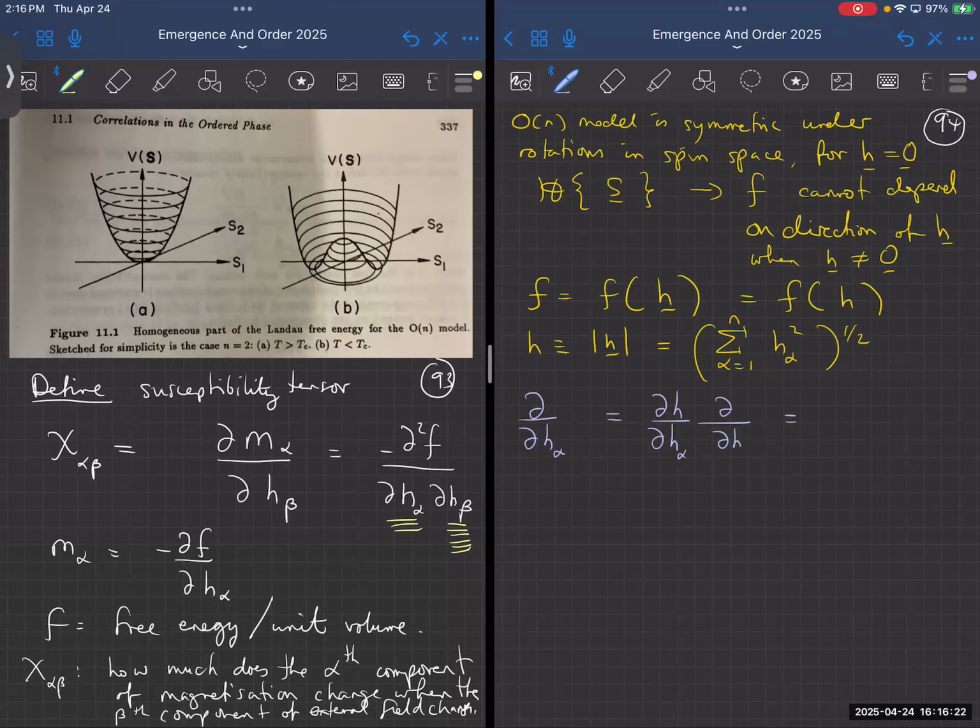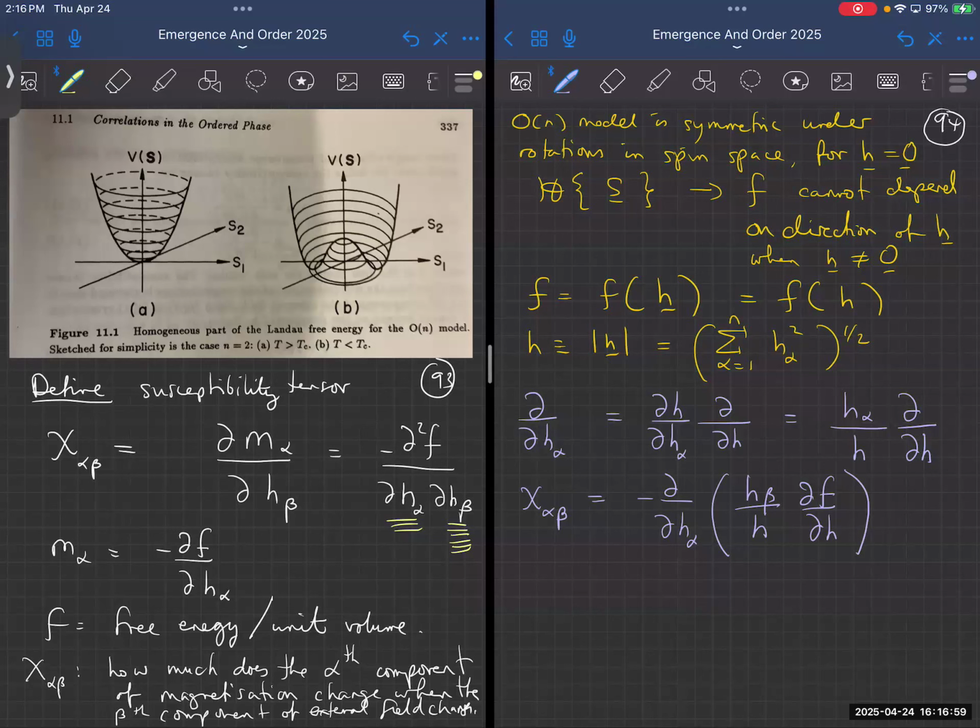And this is just h alpha over h times d by dh. Okay, so that's just from the chain rule. So that means that if I were to compute now chi alpha beta, this is equal to minus d by dh alpha of d by dh beta of the free energy. D by dh beta of the free energy is h beta over h df by dh.